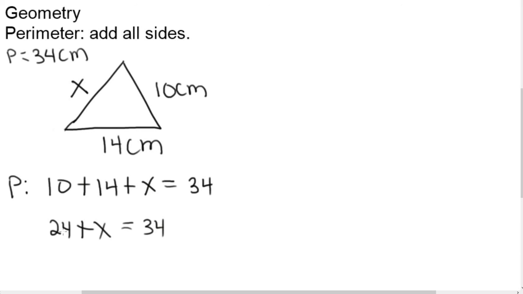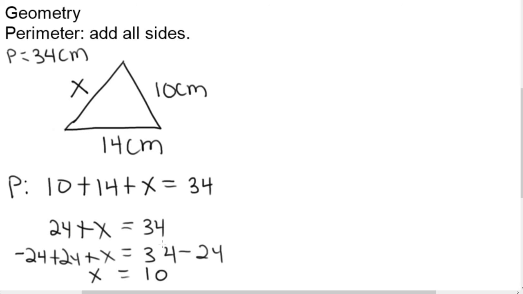That is, we use the subtraction property of equality, and we can add a negative 24 to both sides. The 24s go away, so x equals 34 minus 24, 10.